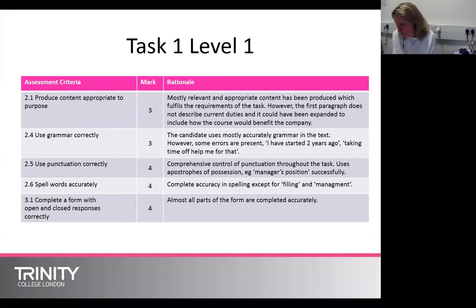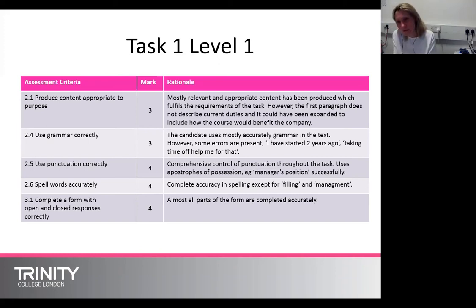In terms of 2.4, the candidate uses several features of the amplification. There are several examples of level 1 grammatical items, but these are not necessarily used consistently. So you couldn't say that there is comprehensive control.